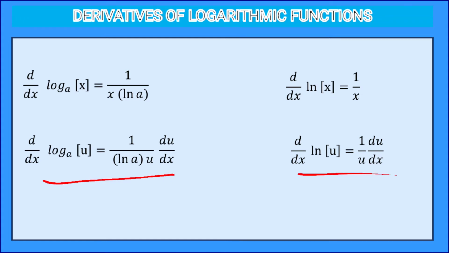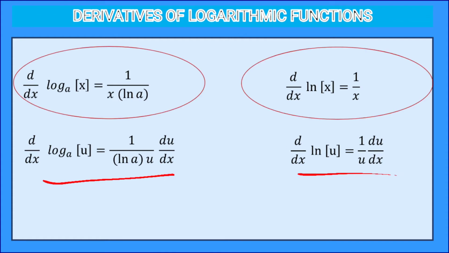Alright, so let's take a look now at the other one. Let's first focus on the top part of the equation. In this second column, we have d over dx of ln x is equal to 1 over x. This is our basic theorem for the derivative of a natural logarithm.